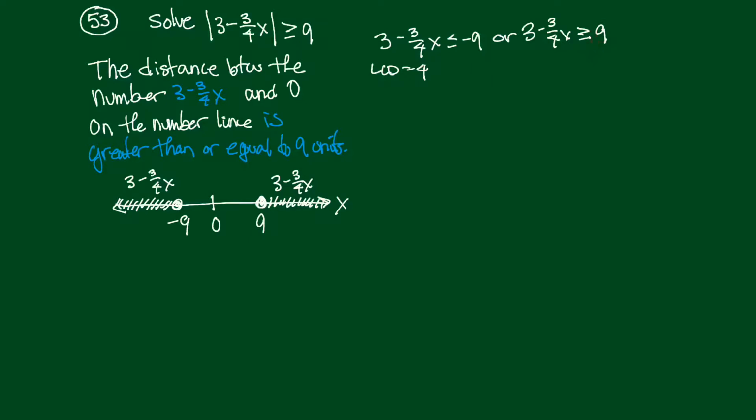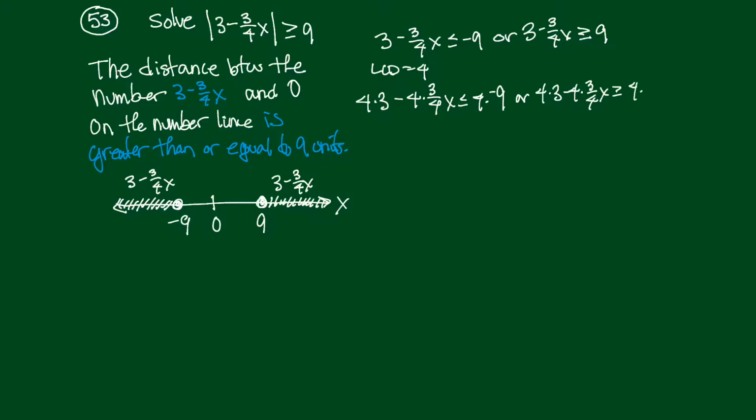Because I'm multiplying by a positive number, I don't have to change the direction of those inequality signs. So we get 4 times 3 minus 4 times 3/4 x less than or equal to 4 times -9, or 4 times 3 minus 4 times 3/4 x greater than or equal to 4 times 9. Let's see where that takes us.